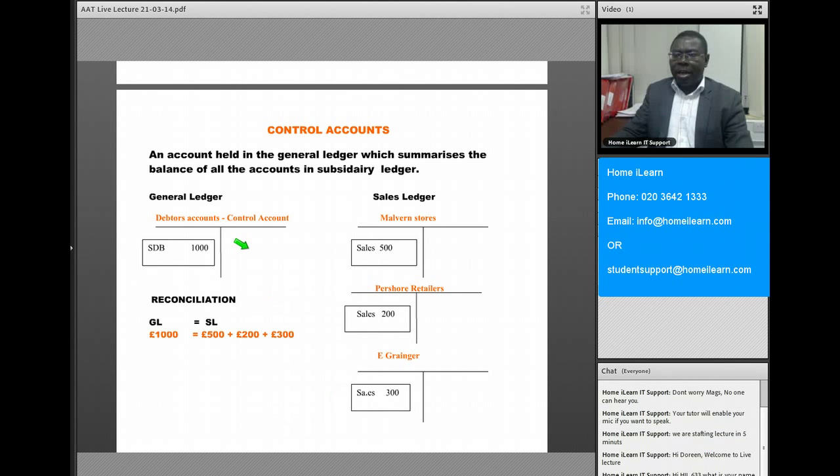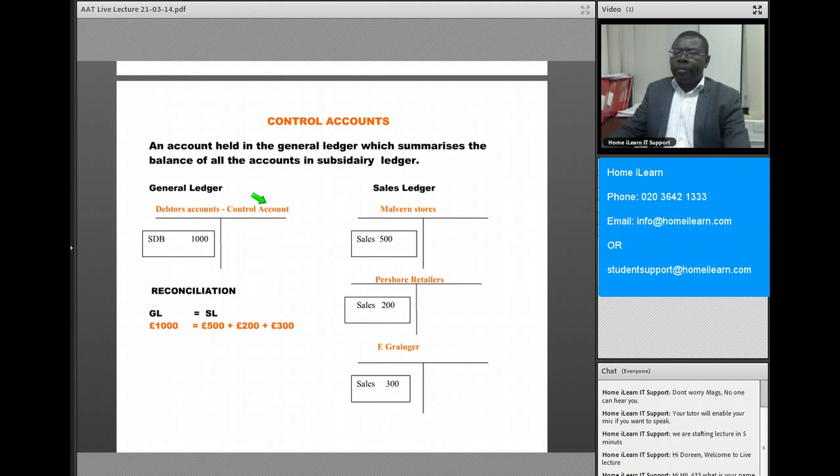The control account is the total account that sits in the general ledger, and the individual accounts that make up a control account sit in the sales ledger. That is why we call the customer's account the sales ledger control account.